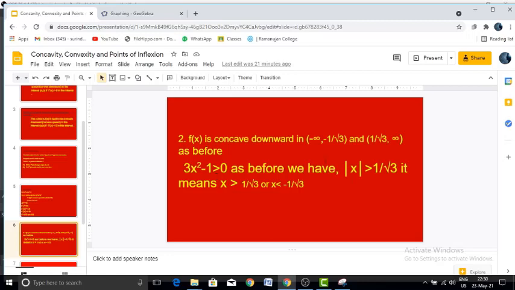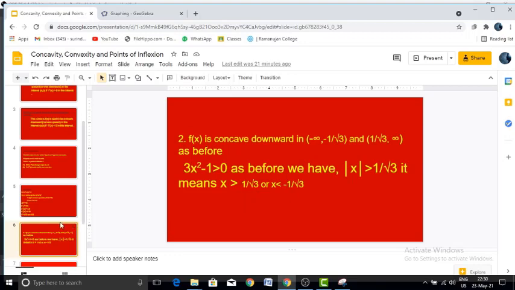So as before, we will get mod x greater than 1 by root 3. It means either x is greater than 1 by root 3 or x is less than minus 1 by root 3. Means the curve is concave downward in minus infinity to minus 1 by root 3 and 1 by root 3 to infinity.